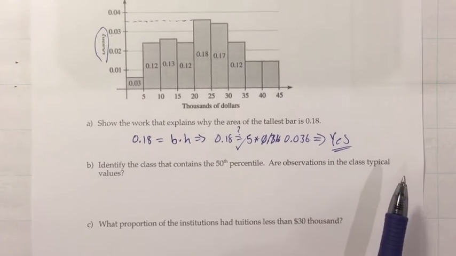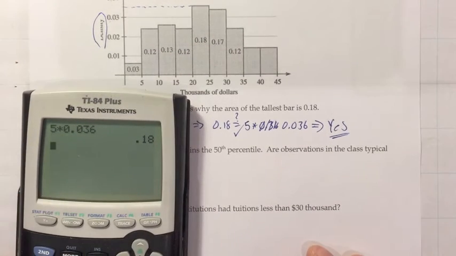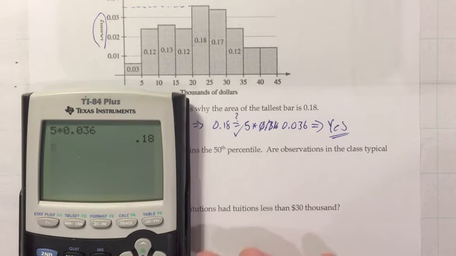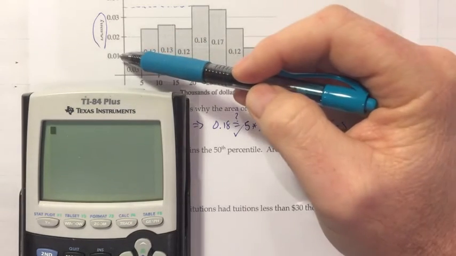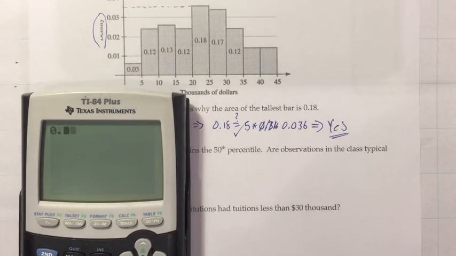All right, so let's look at some more questions about this. Identify the class that contains the 50th percentile, and are observations in this class typical? It's a lot like our last one. So we're going to think about coming up with a total and seeing when that total crosses 50%. We just have to remember that the relative frequencies on a density histogram are not these numbers, but these areas. So we have 0.03 plus 0.12 plus 0.13 plus 0.12.